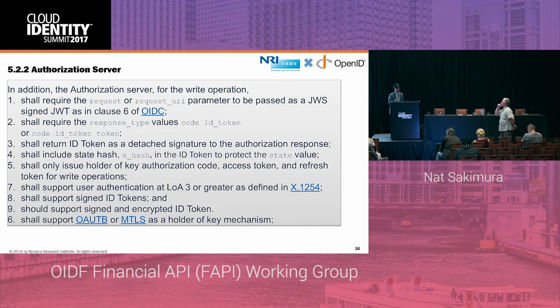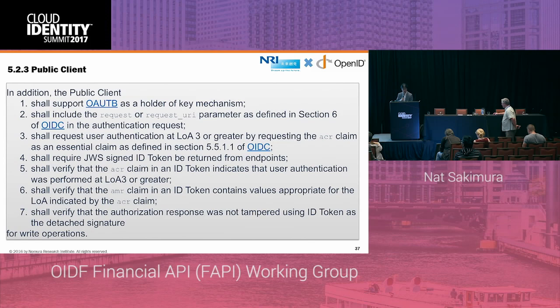So in OpenID Connect, we required c_hash, code hash, to be in the ID token, but we are actually requiring s_hash, state hash, as well, so that the response is completely protected. And since I haven't got too much time, I'll zoom through.